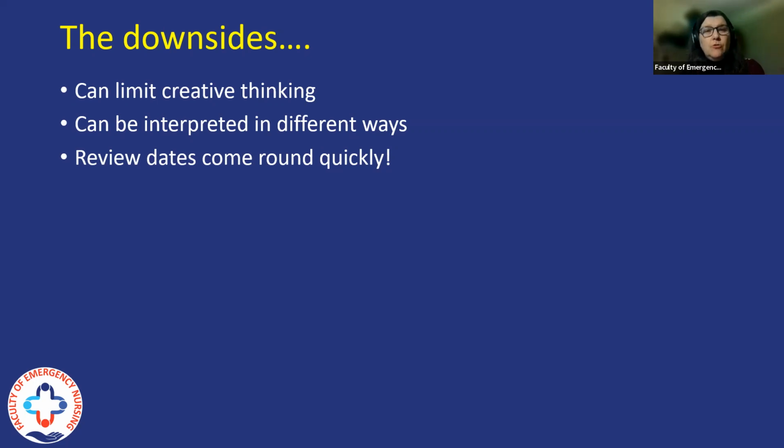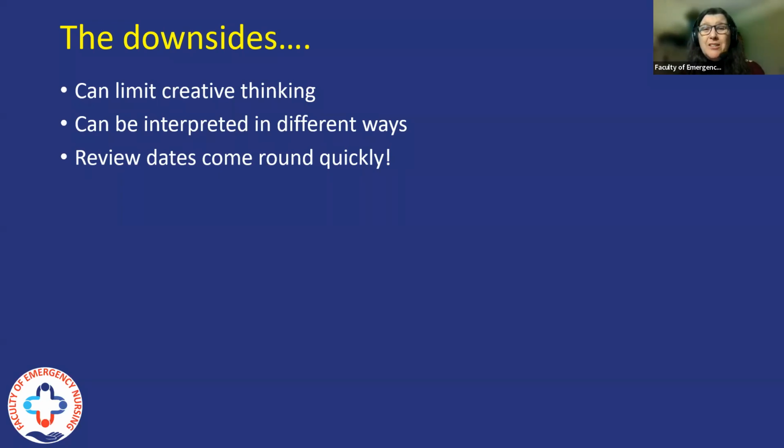Sometimes you're constrained by law. You haven't got a choice. You can't not do something because the law says, well, you can't, and that's that. But within the law, you can usually find ways to do things that will match to the patient you've got in front of you.